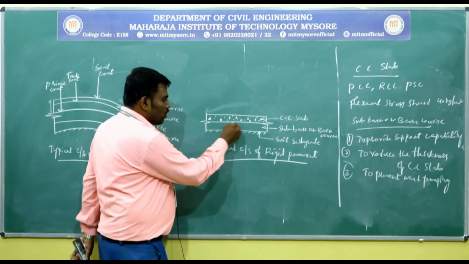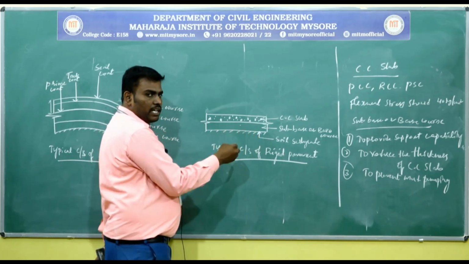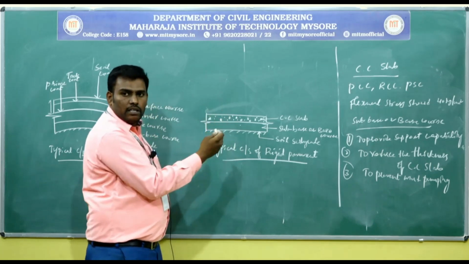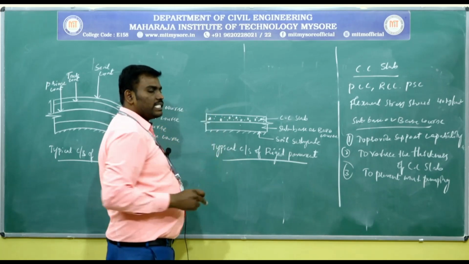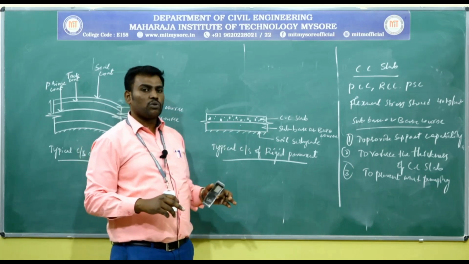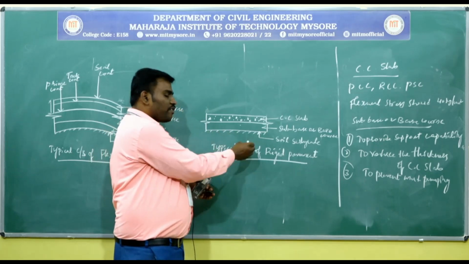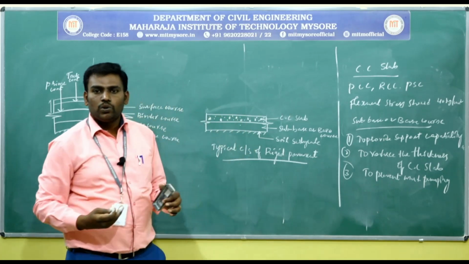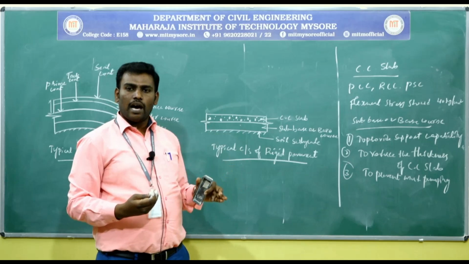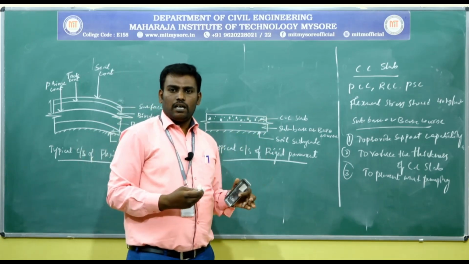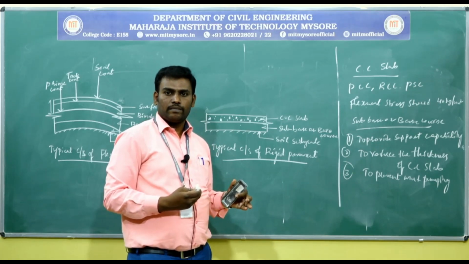Assume that if there is no subbase or base course above the soil subgrade, then from that soil subgrade, the soil slurry will be ejected through the joints and cracks of the CC slab if the subbase course and base course are absent. By providing the base course and or subbase course, we can avoid the ejection of soil slurry through the joints and cracks of CC pavement.